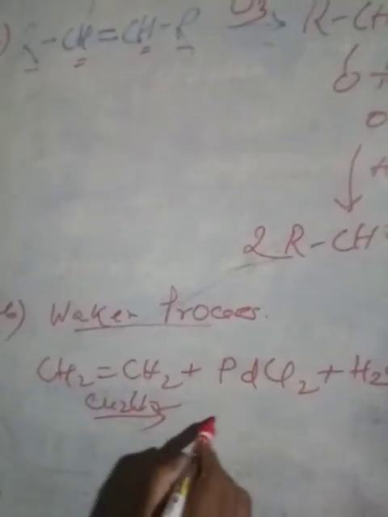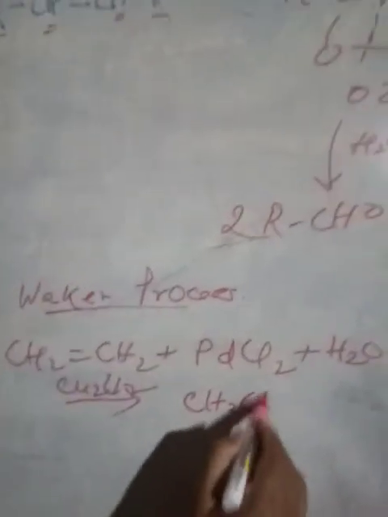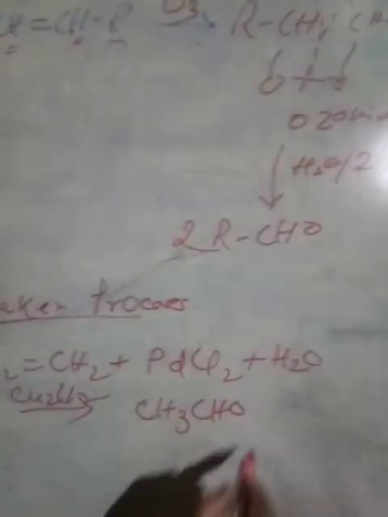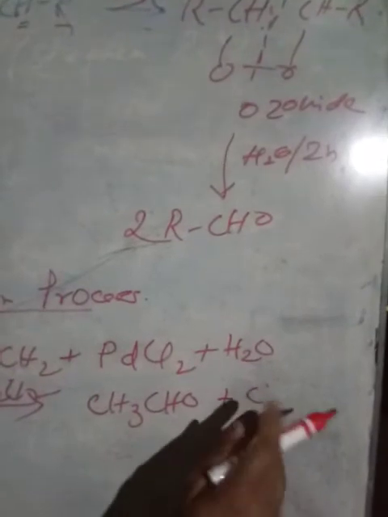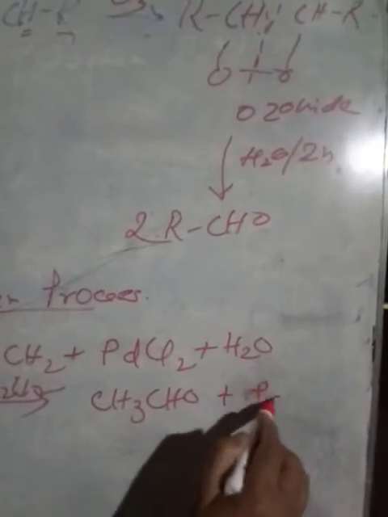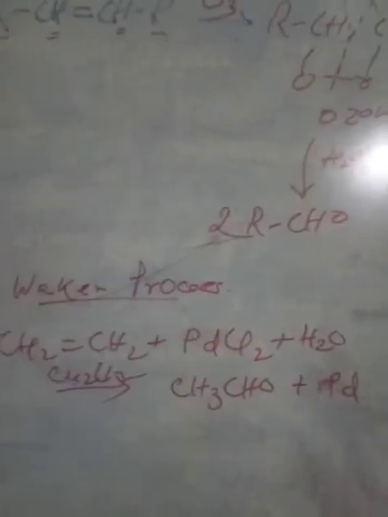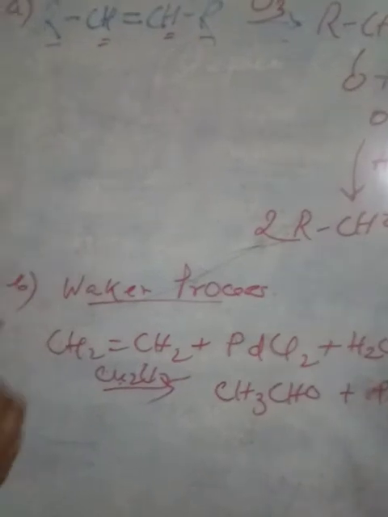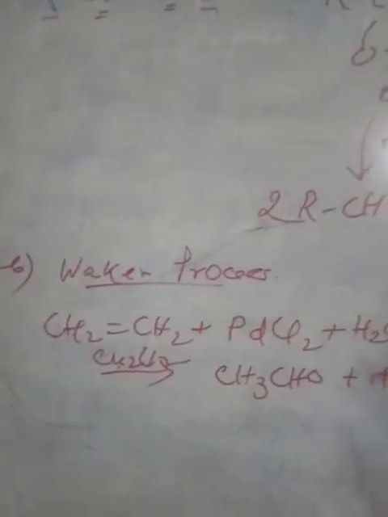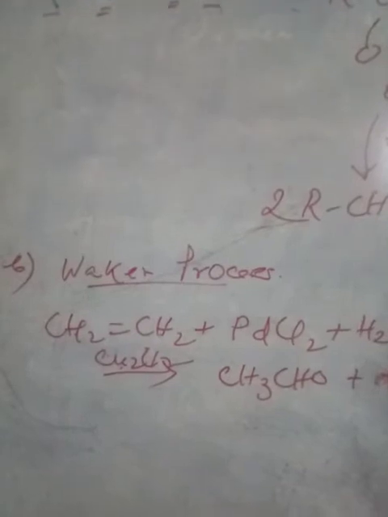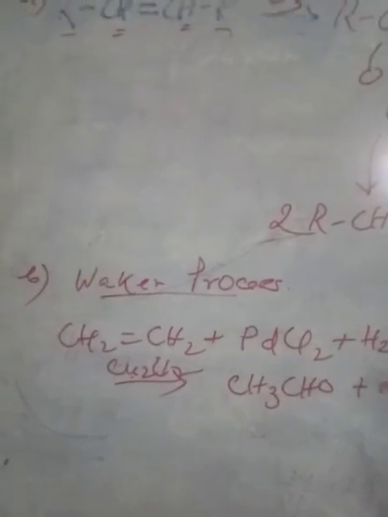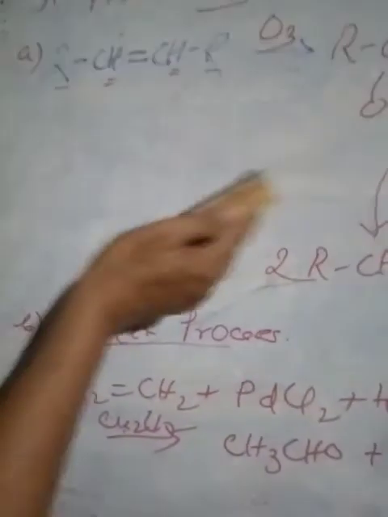Then ethylene will be oxidized to CH3CHO, and palladium chloride will be reduced to palladium. This cuprous chloride will react with palladium to form palladium chloride again. You have probably read about this in class 11. This is from alkene.